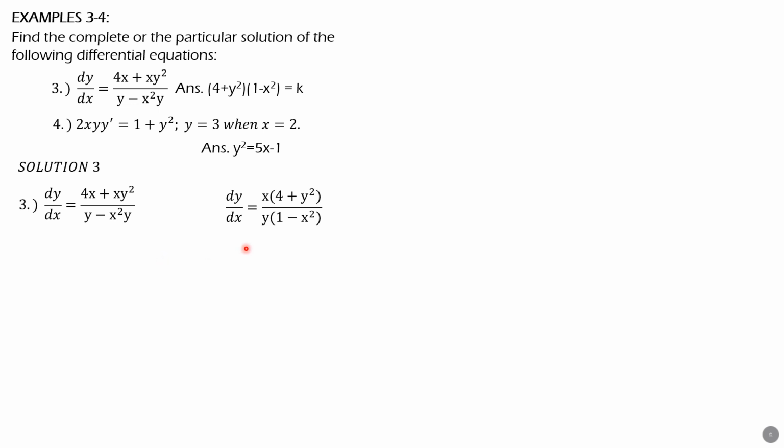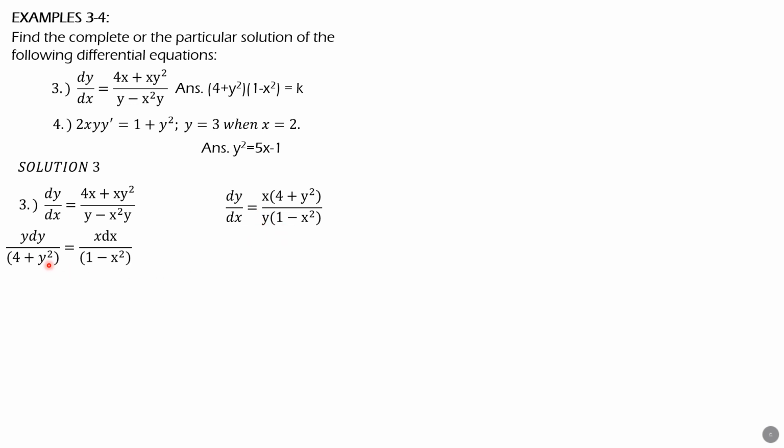Then let's separate the variables. So y dy over (4 plus y squared) equals x dx over (1 minus x squared).